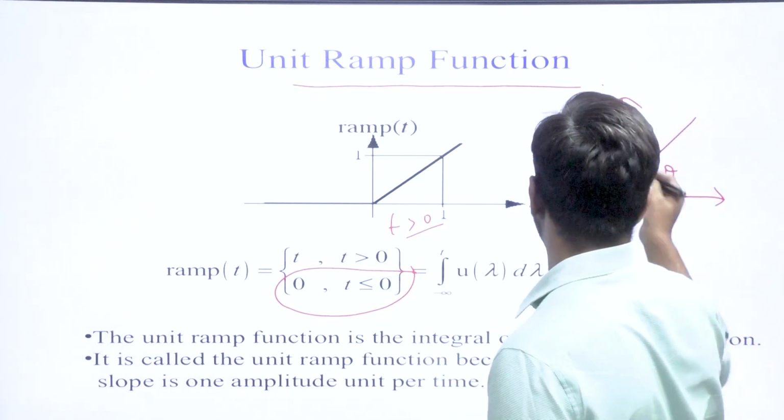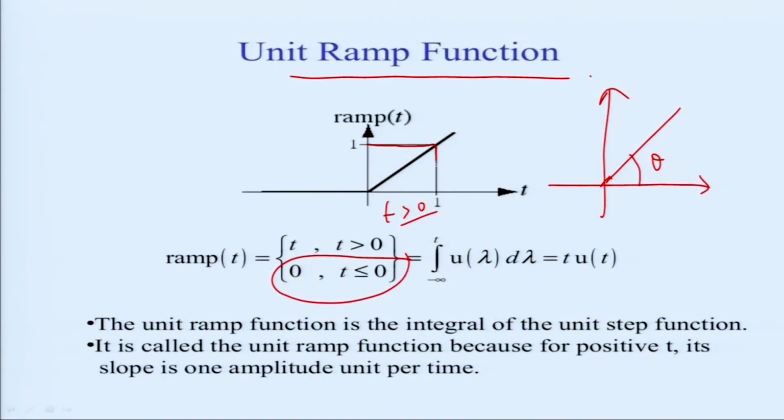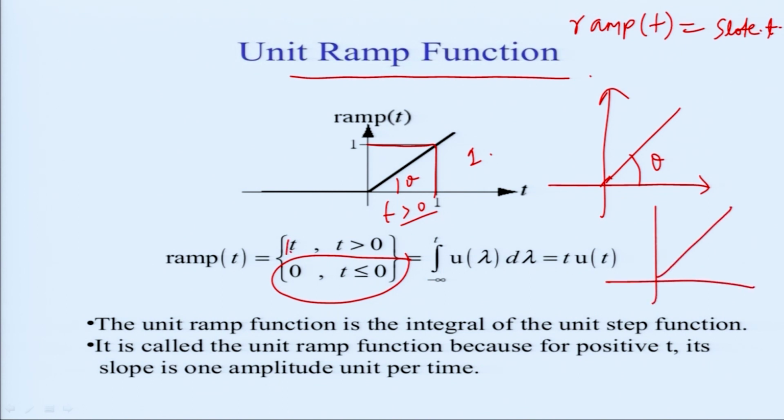Suppose the slope of the signal is 1. Then the way of writing the signal is r(t) equals slope into t. Here the slope was 1, so it was 1 into t. Suppose there is some graph like this and this value is 4 at time 2.